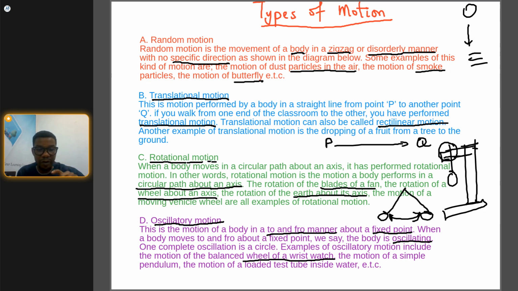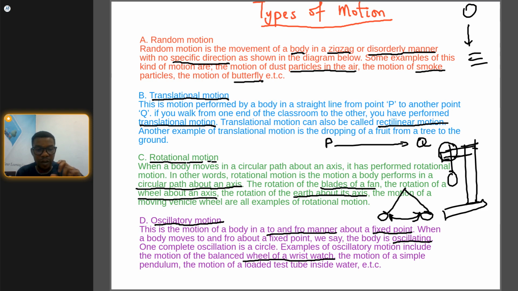If you are very conversant with those wall clocks, you will see when the seconds hand is counting, it moves in one way that seems like it's moving to and fro, tick, tick, tick, tick. So that also represents an oscillatory motion.